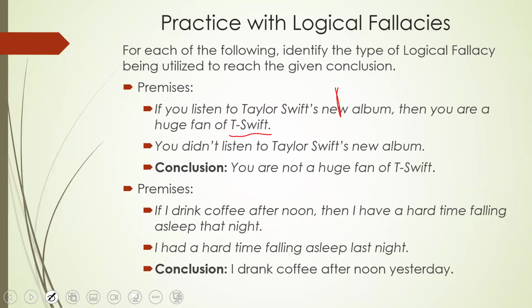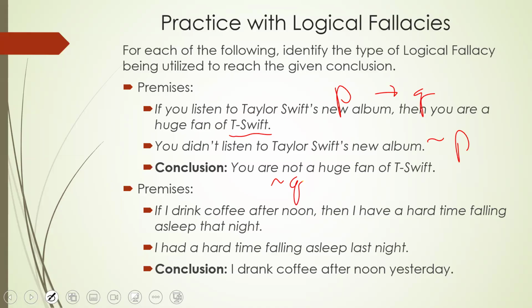So here I see that we're given that P implies Q, so a conditional is true. And then we say you didn't listen to Taylor Swift's new album, so that's not P, and therefore we conclude not Q. Again, this is an error in reasoning. Just because you didn't listen to the new album doesn't mean you're not a huge fan. Maybe you just didn't have time yet.